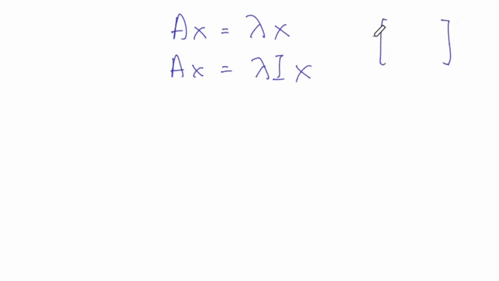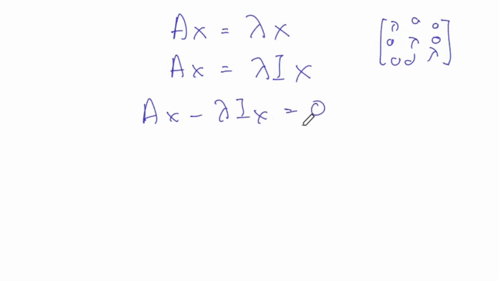Let's say this is a 3 by 3 matrix, then we have lambda, lambda, lambda on the diagonal. So they are the same, and then we can move terms over.